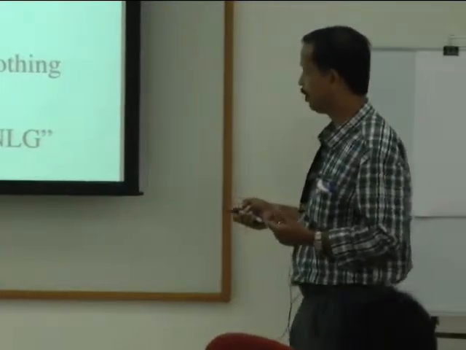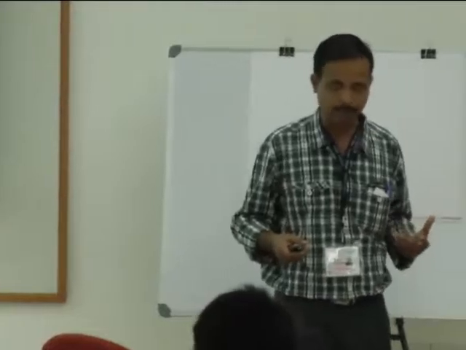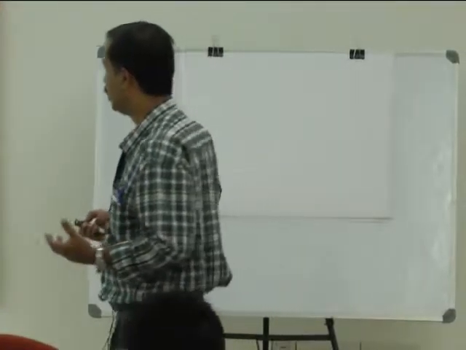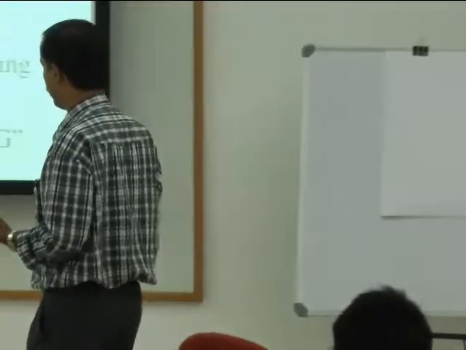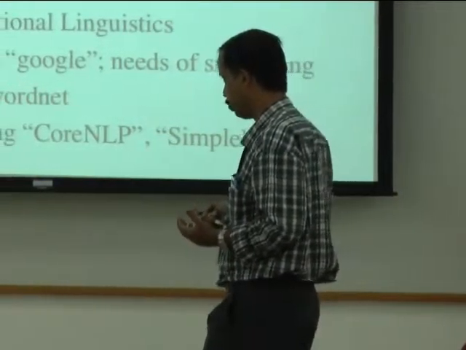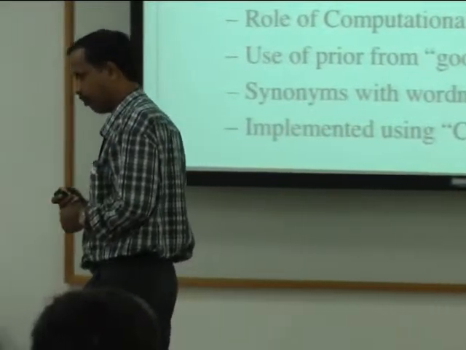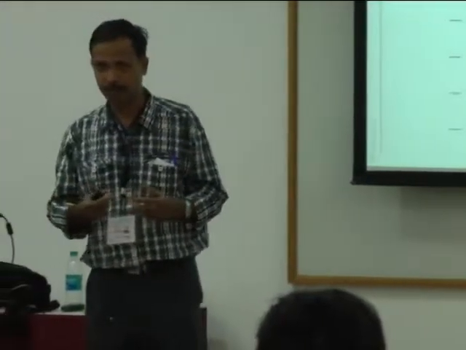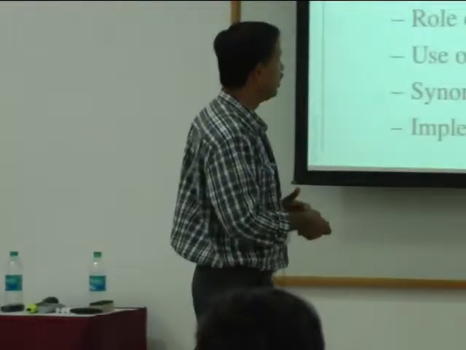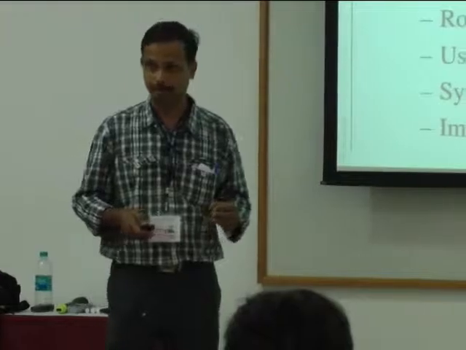In the case of phrases and sentences, there is some role which comes from computational linguistics, and we use the strong prior from Google. I also possibly missed discussing the role of WordNet, where we find the synonyms and improve the descriptions. And this is implemented with many of the standard toolkits available in NLP.